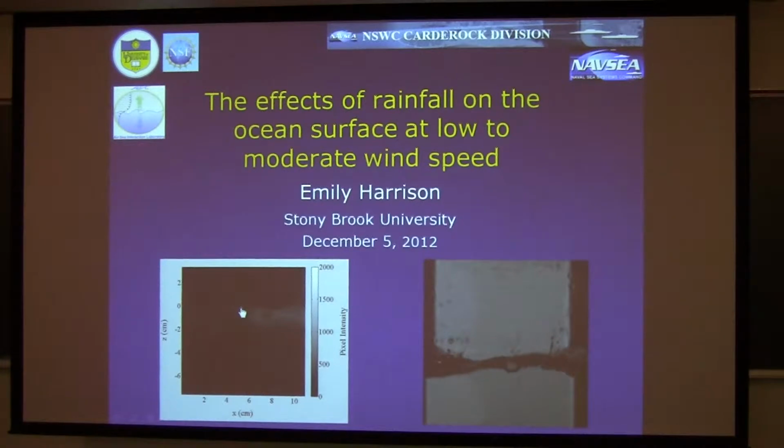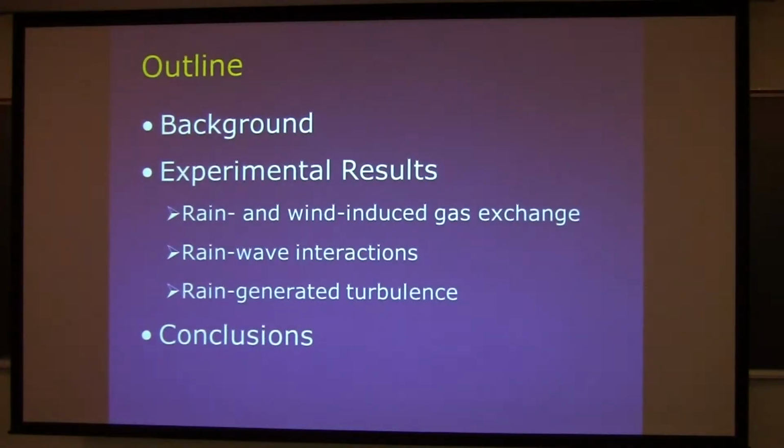Thank you. So, a general outline for my talk. I'll give you a background for why we care about the rain. Most people study large-scale structures, and when you're talking about global climate models, or even large-scale regional models, when they care about rain, they talk about the mass flux, and that's the only thing they consider about rain.